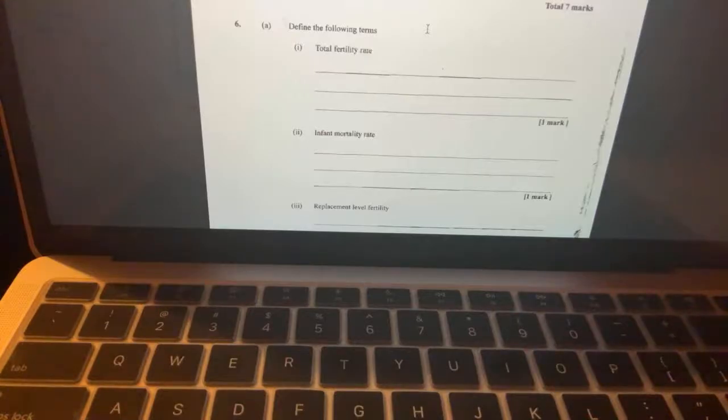Awesome. So Dom says total fertility rate refers to the ability of a woman to conceive a child during her childbearing years. Are we agreeing with that?